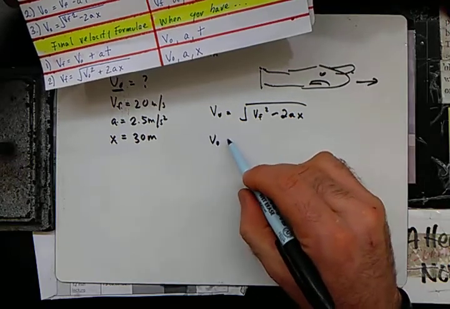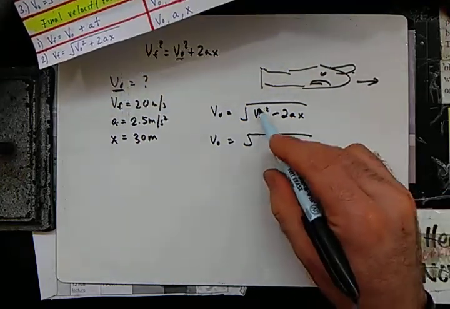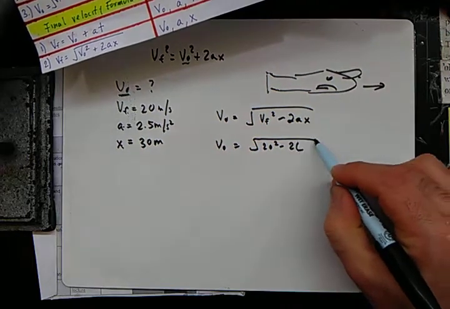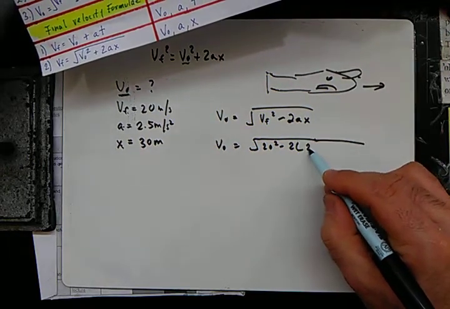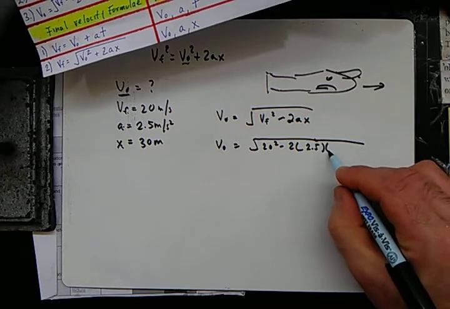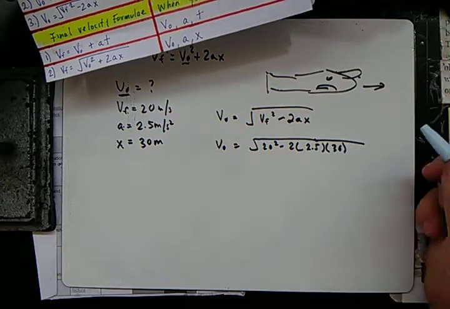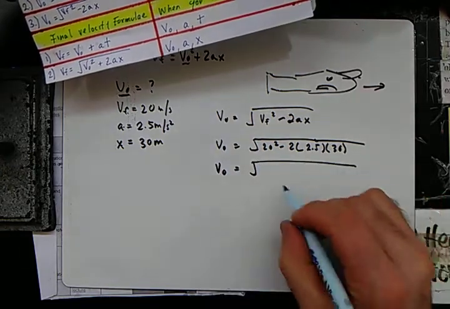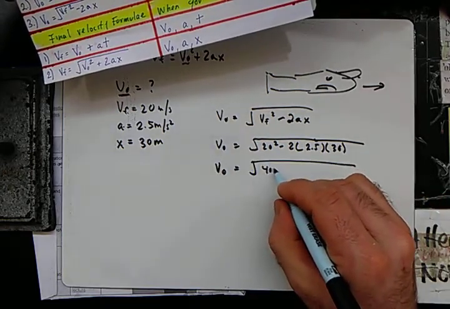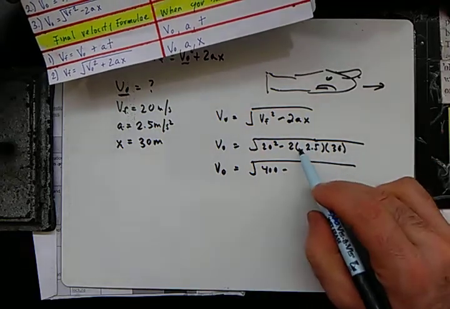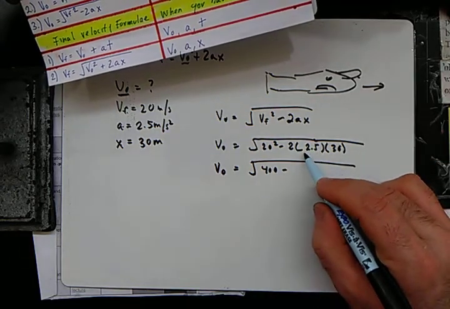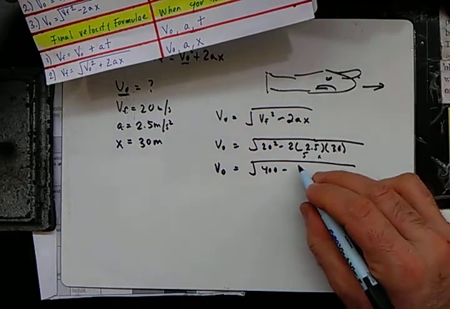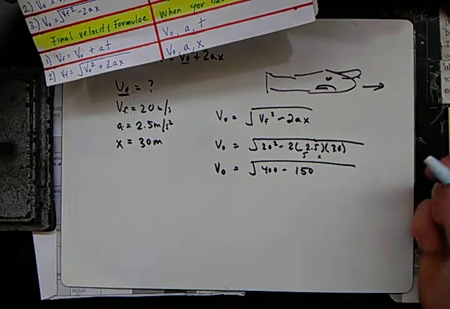That's 20 squared, minus 2 times 2.5 times 30. Now it's looking like it's going to work out. 20 squared was 400. 2 times 2.5 is 5, times 30 is 150.